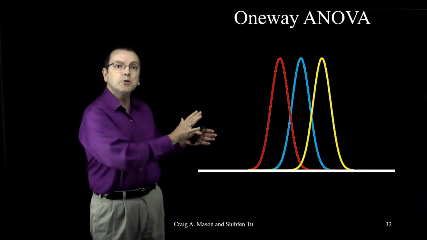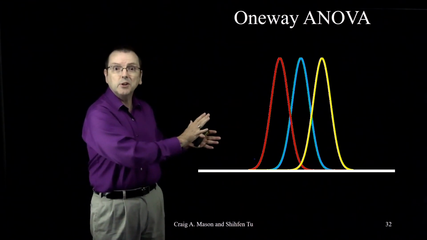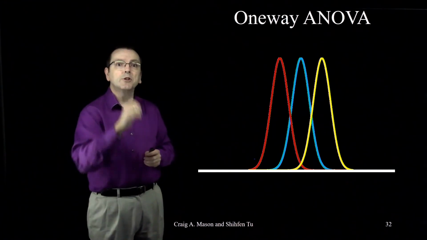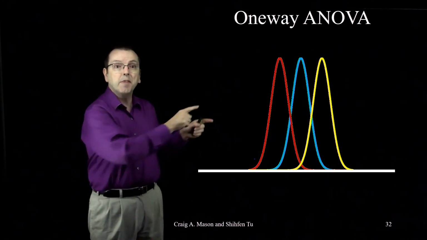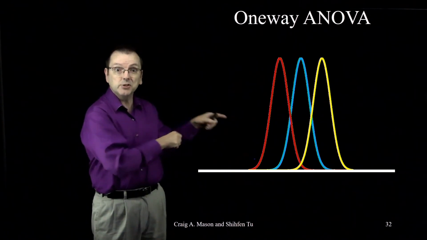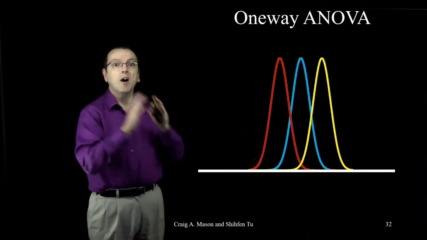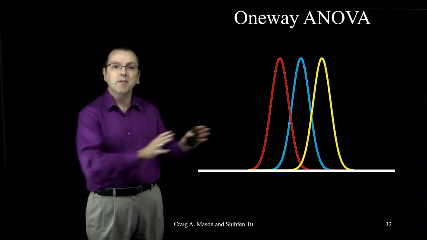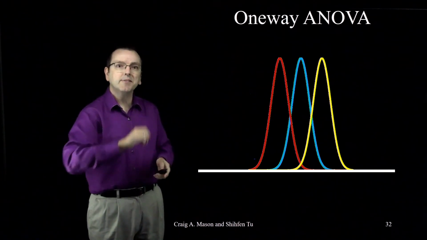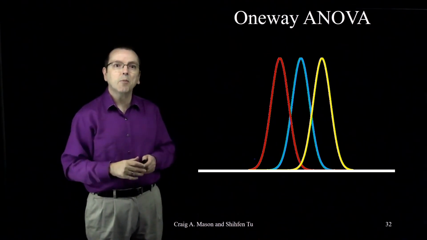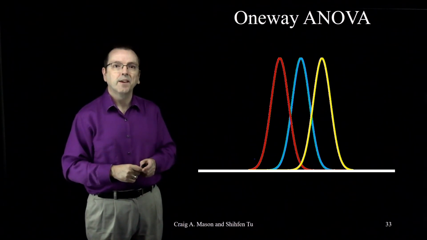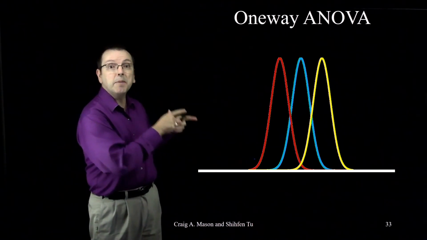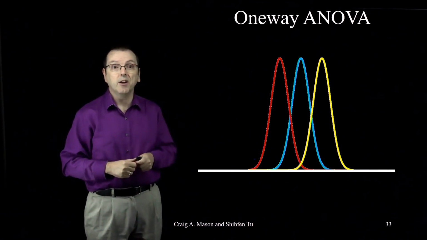If the distributions for our samples look like this, what would you think? Would you be more confident saying that the means for the populations reflected in these samples are different? Now, take a look at that, pause the video, and restart when you've got an idea. Now, in this case, I would be much more comfortable rejecting the null.